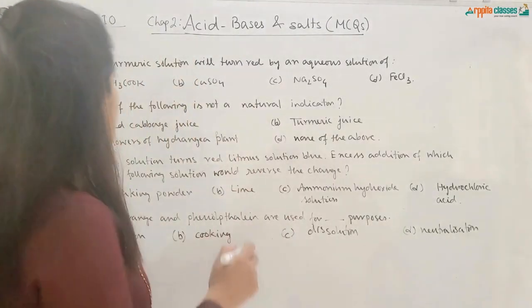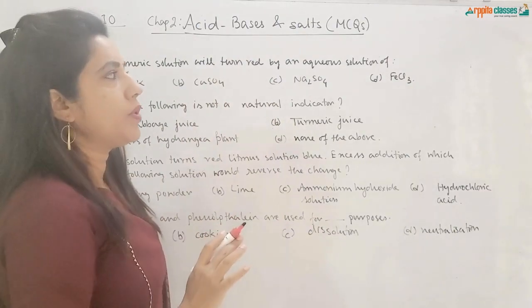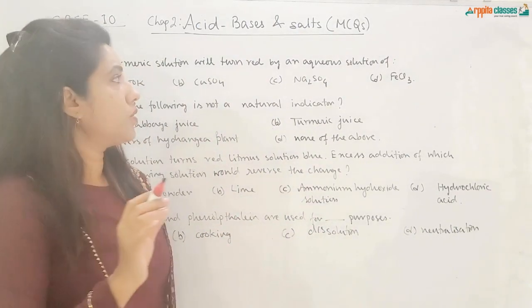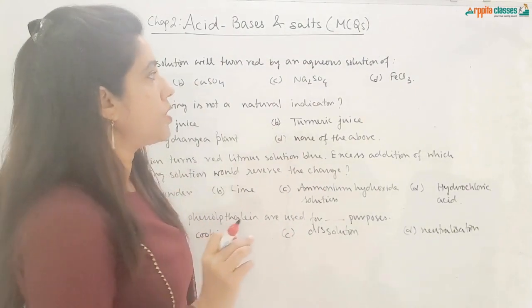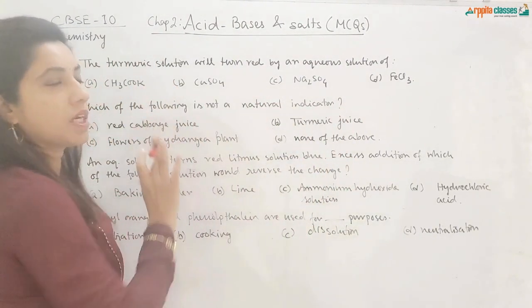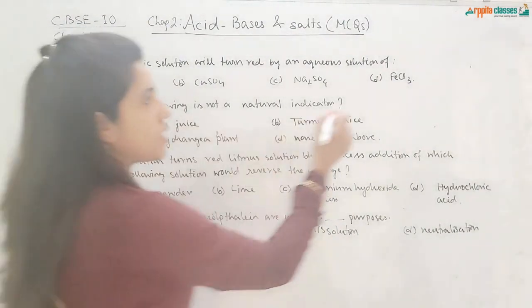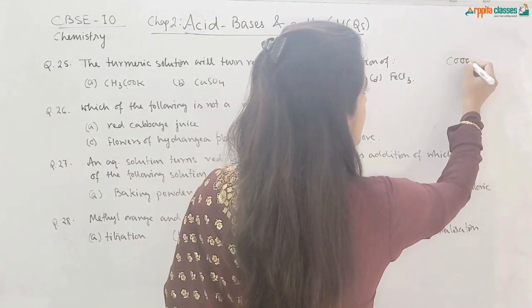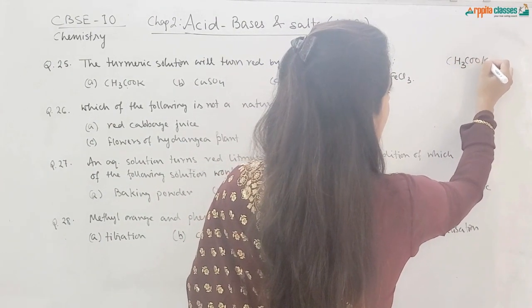So the next question is, the turmeric solution will turn red by an aqueous solution of. Turmeric solution will turn red in basic solution. So we need to see from whatever options are given, which is a basic solution. CH3COOK. Now this salt, potassium CH3COOK, is called potassium acetate.